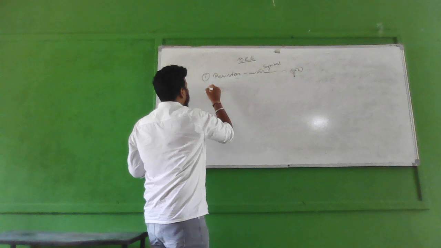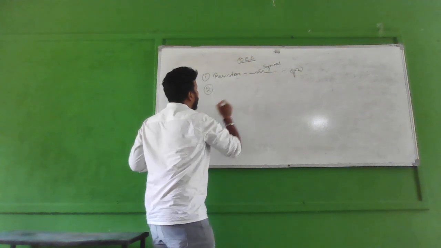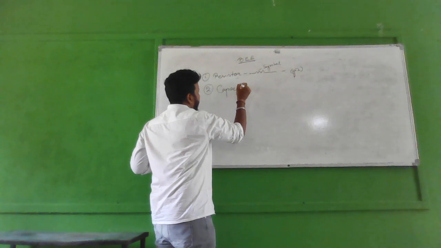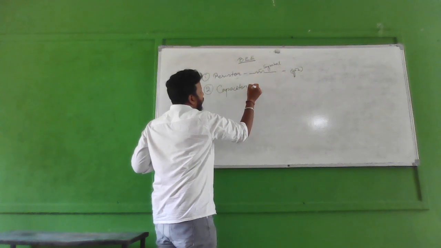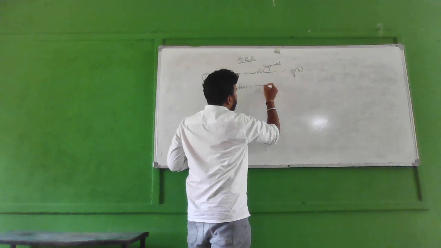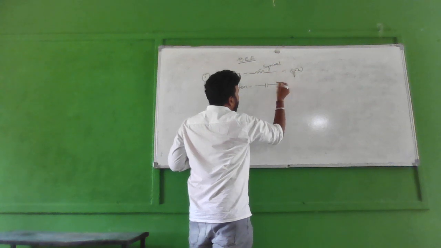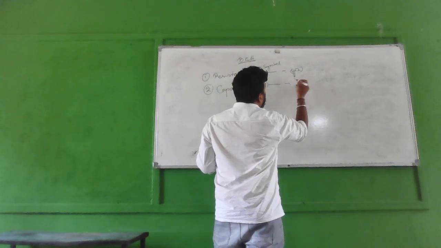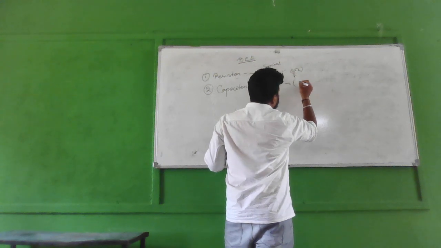Similarly, second we go capacitor. The symbol of capacitor is two plates connected in parallel, and its unit is farad.